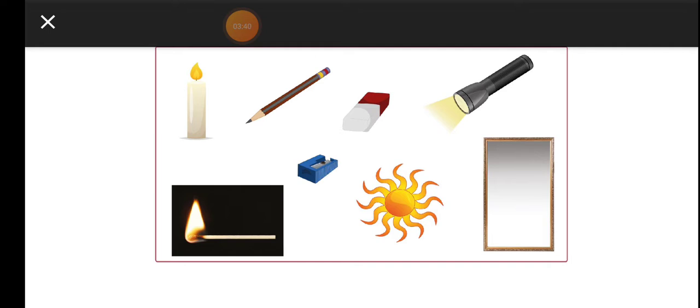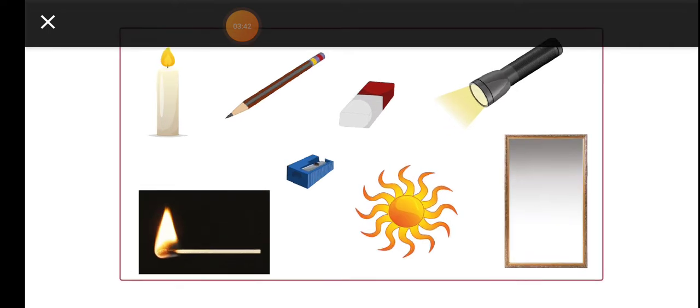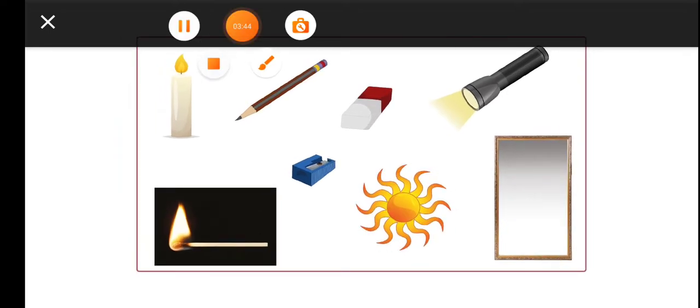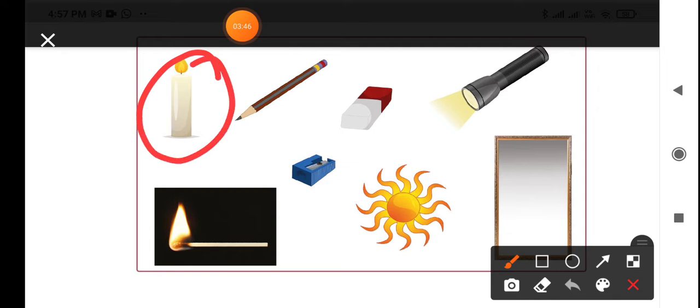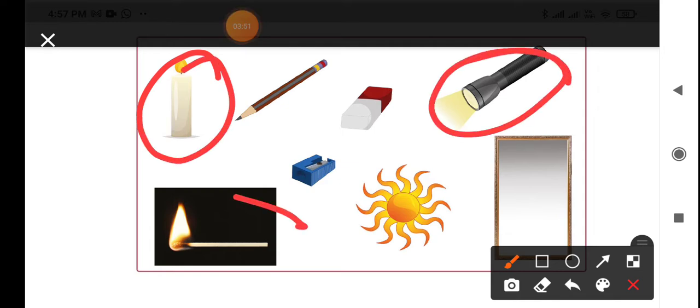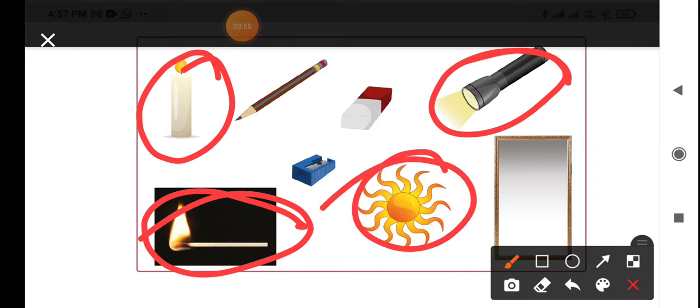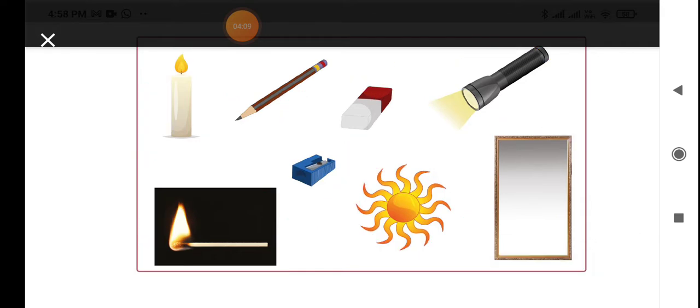Under the objects which give us light, you write the candle, the torch, the matchstick, the sun. Whereas the pencil will not give us light, the eraser, the sharpener, the mirror, these are the things which cannot give us light.